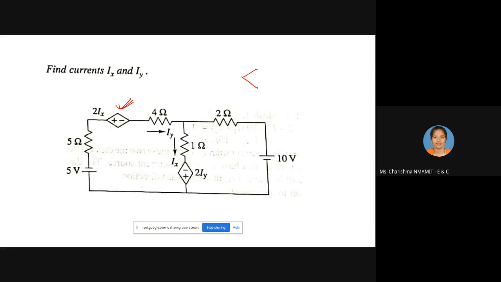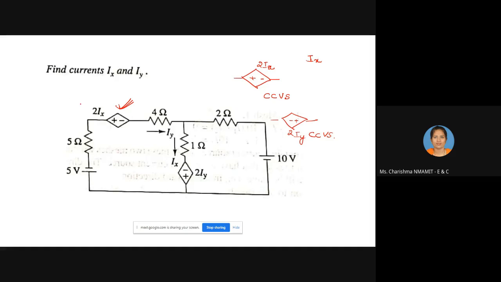The one dependent source is 2 into Ix. What is the type of the dependent source? It is current controlled voltage source, right? You have one more dependent source here, that is plus 2 Iy. This is also current controlled voltage source.